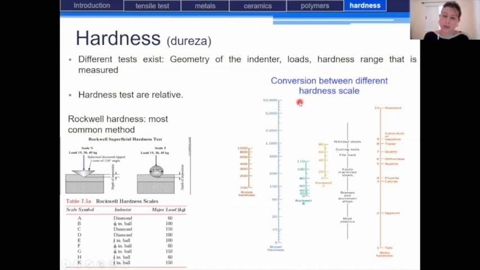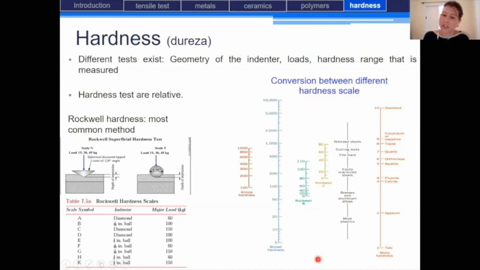So the measurement of hardness is relative. It is not an absolute value, as we could have in the tensile test or flexural test. On the right part of the slide, you can see different hardness scales that can be converted from one to another, but in fact we are doing more of a comparison between these hardness scales than a real conversion of the values.